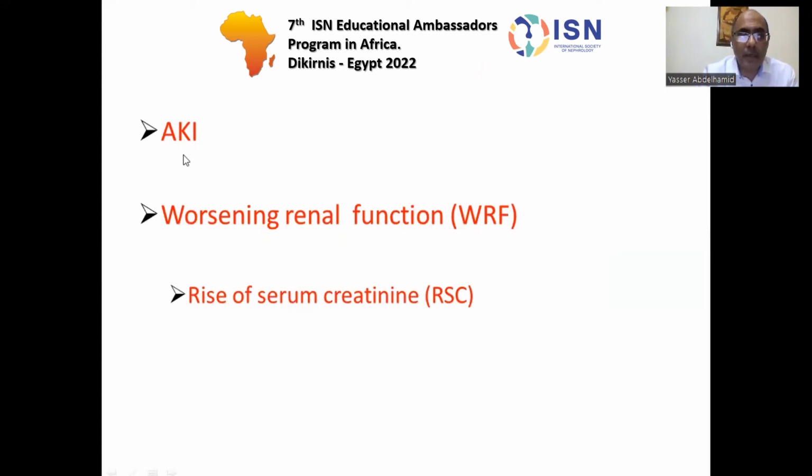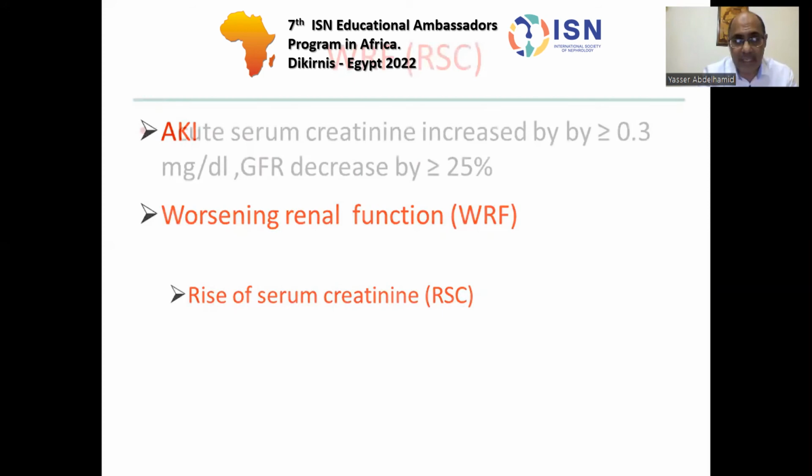But the good news is that it is not an AKI, it is a worsening of renal function. It is called worsening of renal function because of simply the rise of serum creatinine. It is not a complete syndrome of AKI with its progression and the possibility of passing to chronic end stage. It is simply a chemical finding of rise of serum creatinine.